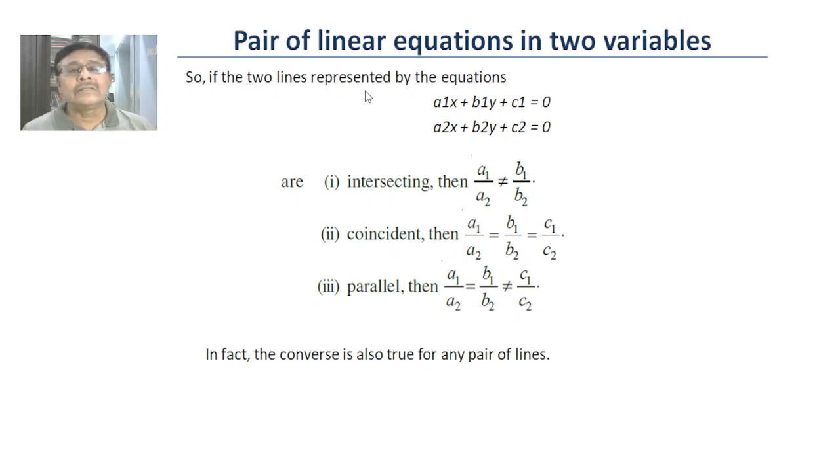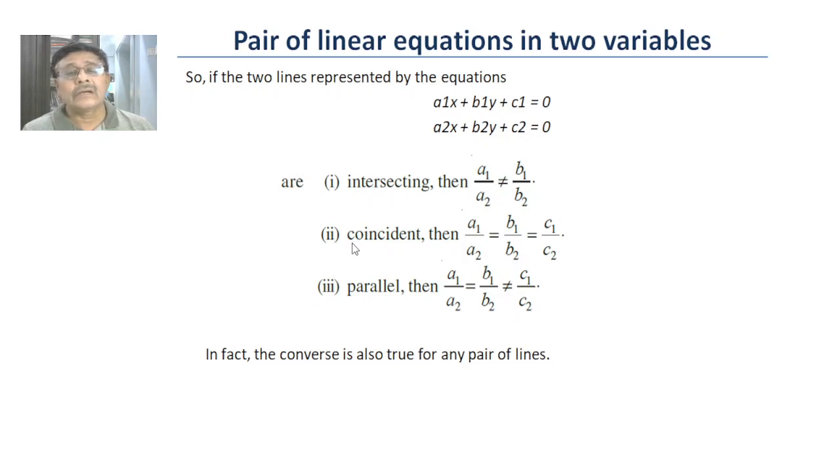So if the two lines represented by the equations a1x plus b1y plus c1 is equal to 0 and a2x plus b2y plus c2 is equal to 0 are intersecting, then you will find that a1 upon a2 will not be equal to b1 upon b2.